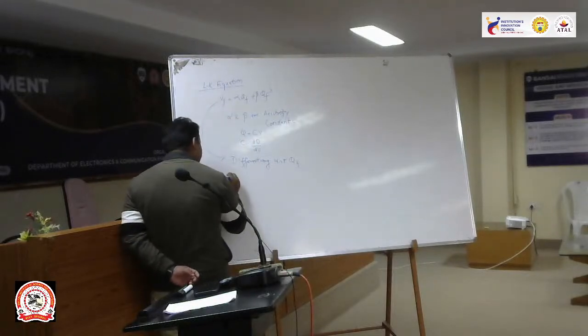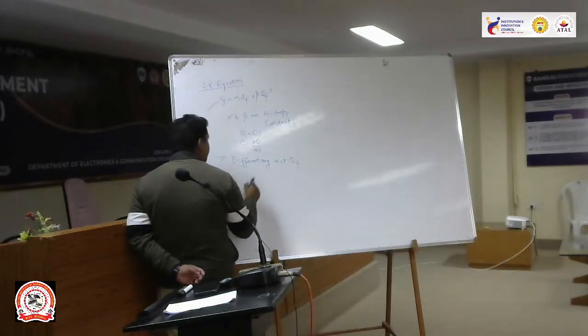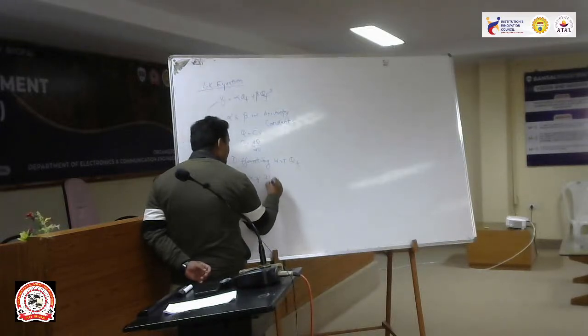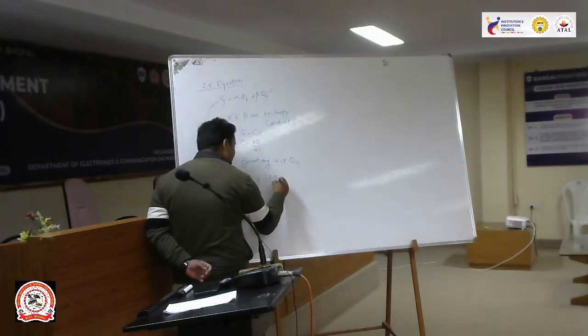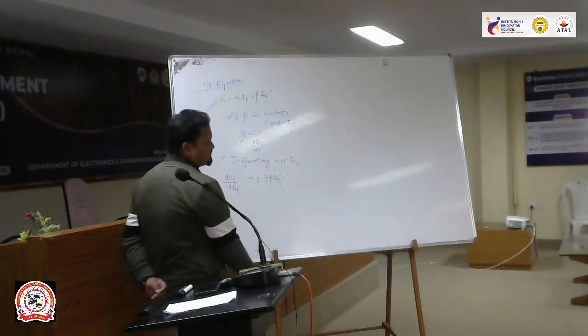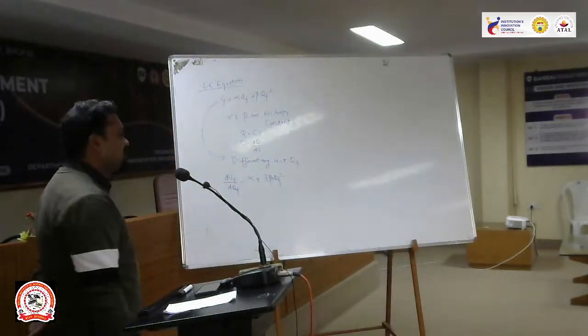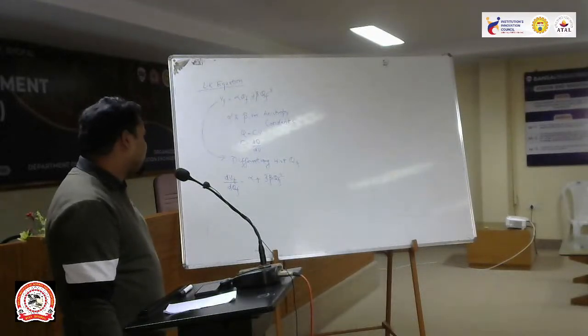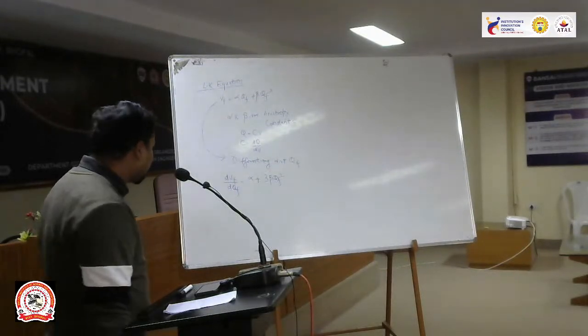So what can I write? dVf by dQf equals alpha plus 3 beta Qf square.